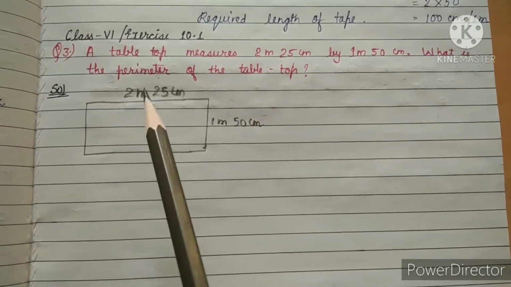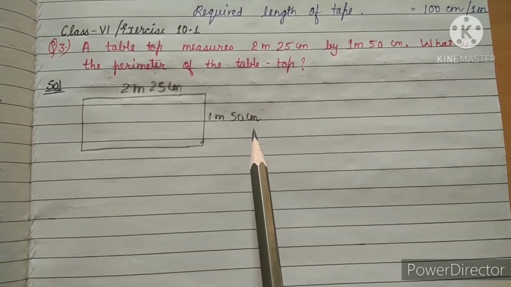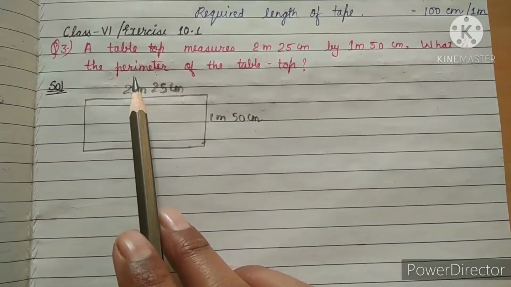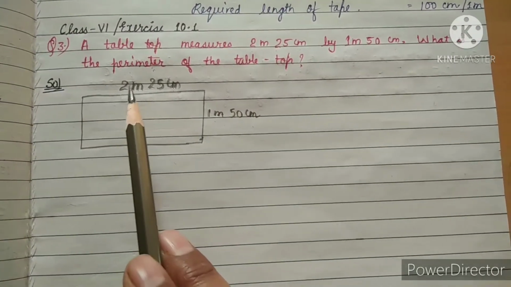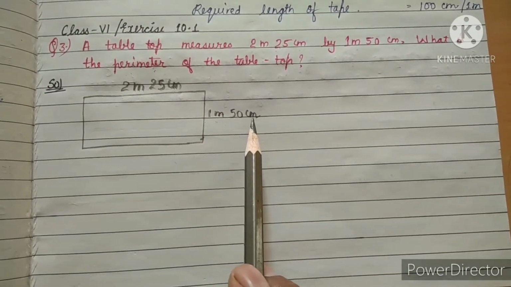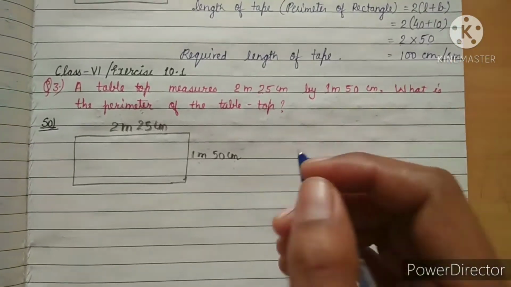You can see here we have units in meter and centimeter. So before applying the formula of perimeter of a rectangular tabletop, firstly we will convert this 2 meter 25 centimeter and 1 meter 50 centimeter into meter, as we converted in the previous chapter.